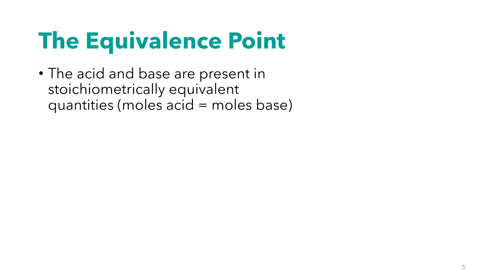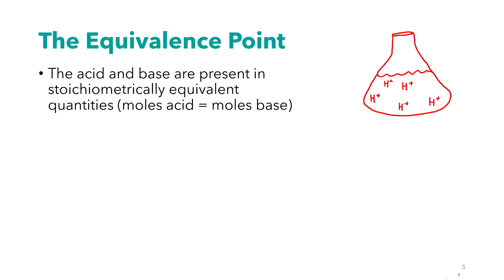That is when our moles of acid equal our moles of base. They are stoichiometrically equivalent. So let's say I have an Erlenmeyer, to make it consistent with our previous picture. In here I have some H+, but I don't know what the concentration is.